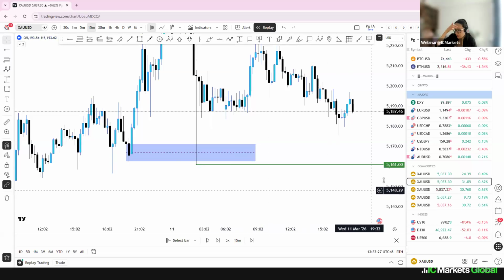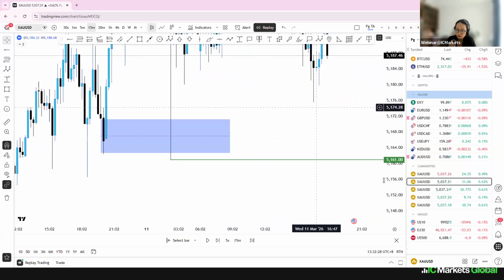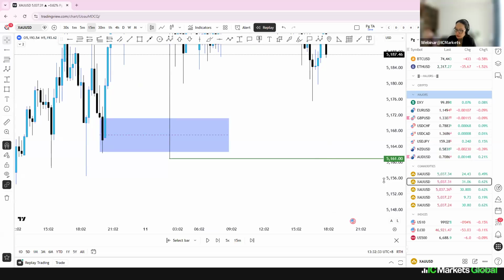Let's just say 5161. You know it usually respects the round number, which is anything ending in zero. That's called a psychological number, plus or minus 1 or 2 pips. You see it pushes slightly below 5160, goes all the way to this level and has a quick rejection, right?